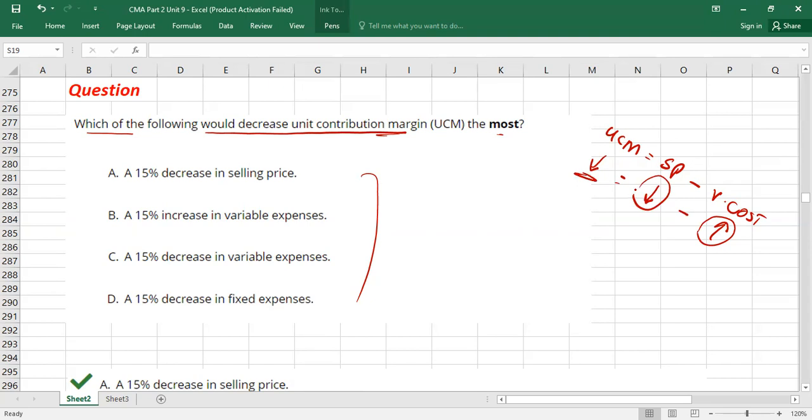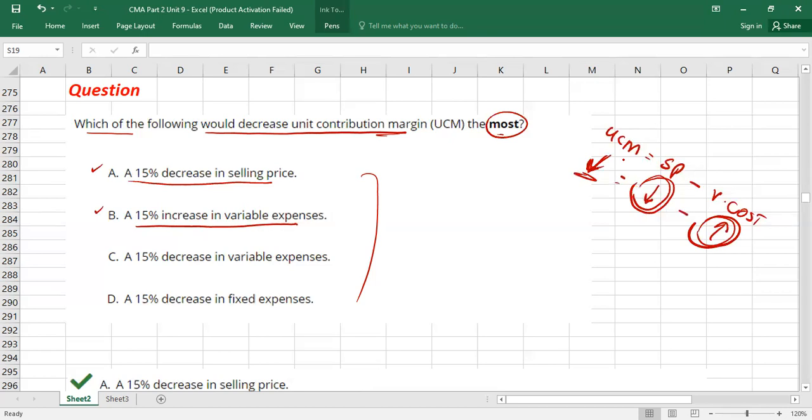Okay, so let's have a look at the options now. The first option is a 15% decrease in selling price. Yes, we understood that if sale price decreases, unit contribution margin will decrease. So it looks true. What is the next option? A 15% increase in variable expense. If variable cost increases, again, it will reduce the unit contribution margin.